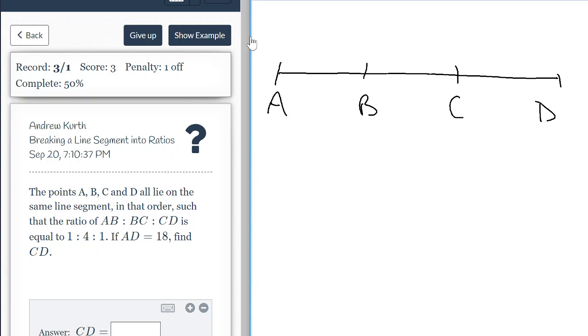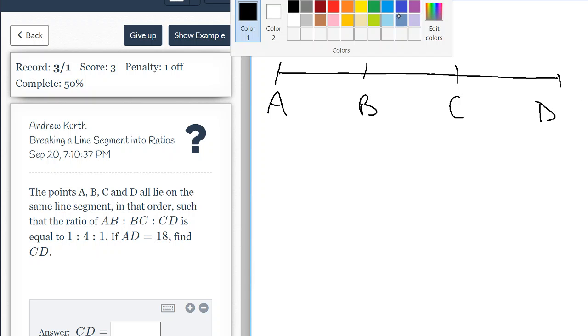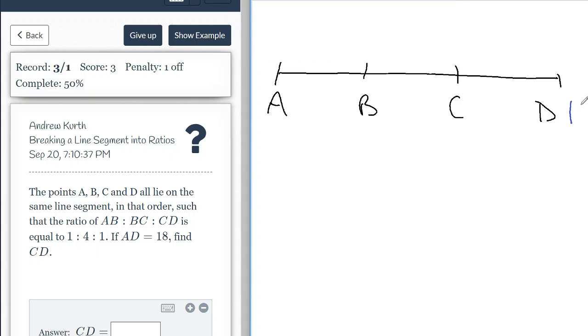And then it tells us that our total length from A to D is 18. And then the ratio of each line segment is 1 to 4 to 1. So if I add each of these up, like I did in the other kind of problem, they add to a total of 6.